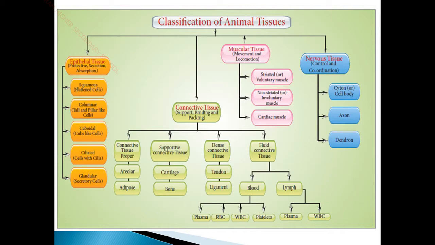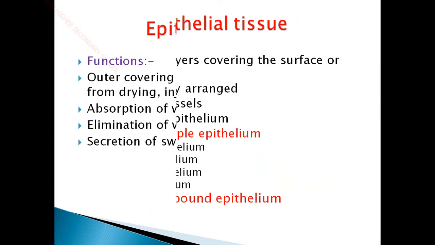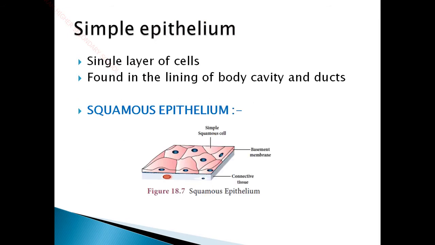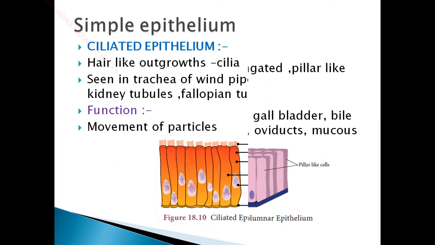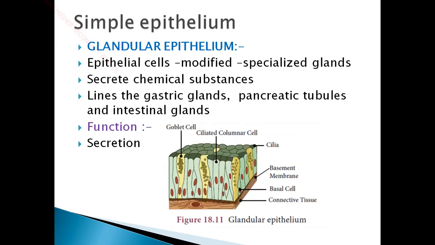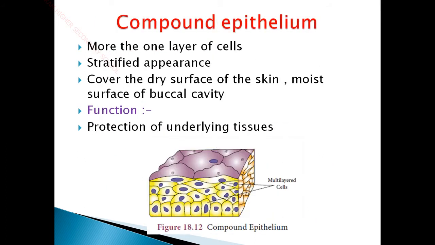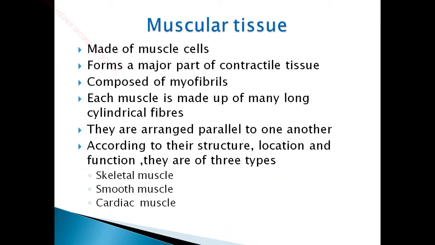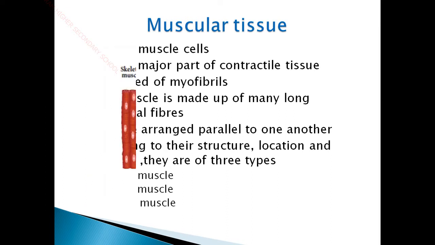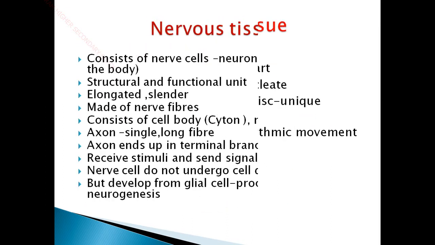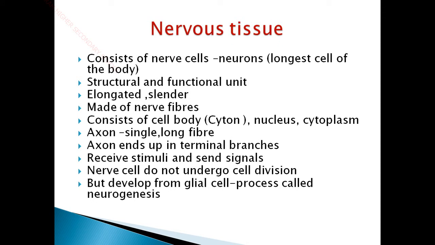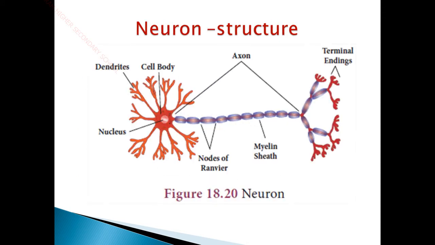Among the four types of tissues, we already discussed the epithelial tissues, and there are types such as squamous epithelium, cuboidal epithelium, columnar epithelium, ciliated epithelium, glandular epithelium, and compound epithelium and their functions. We also discussed the types of muscular tissues such as skeletal muscle, smooth muscle, and cardiac muscle. And we have seen nervous tissue and the structure and functions of neuron.